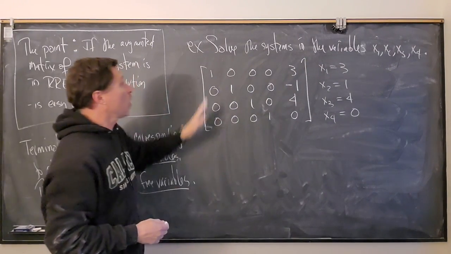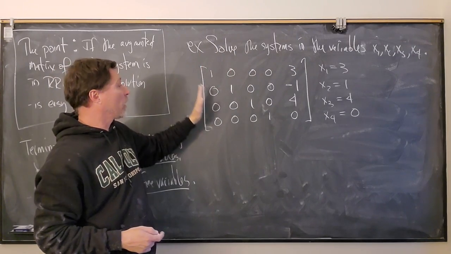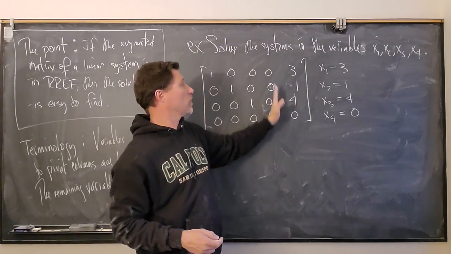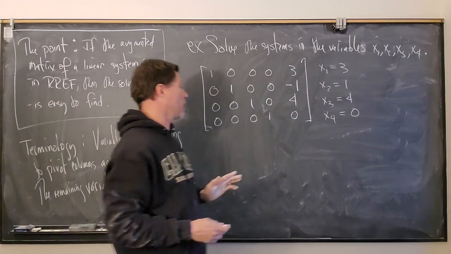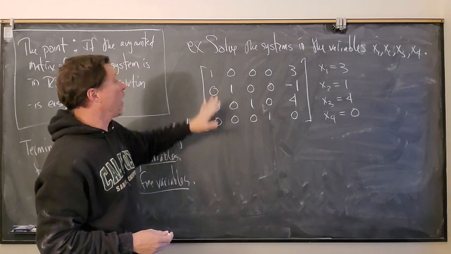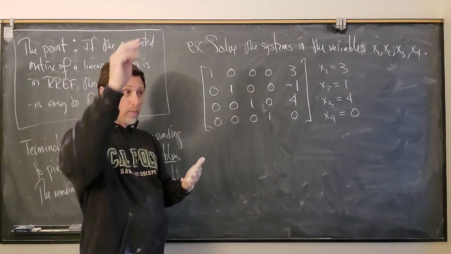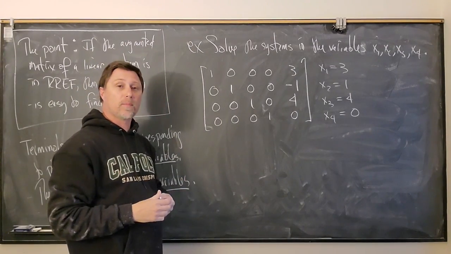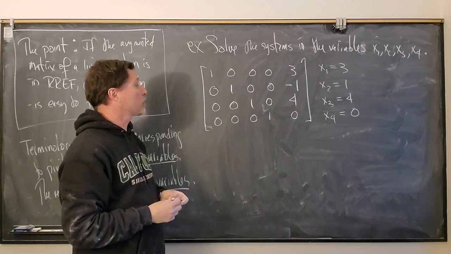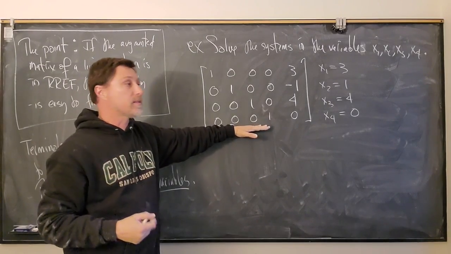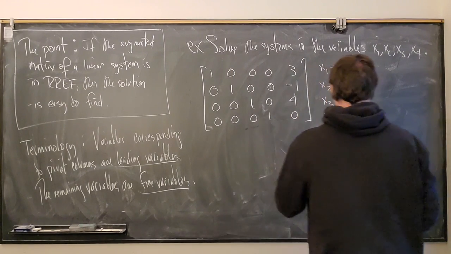So in this case, we've got a system with 4 variables, and the last column corresponds to the stuff to the right of the equal sign. If we converted to the augmented matrix and got it into reduced row echelon form looking like this, then the system would have exactly one solution.